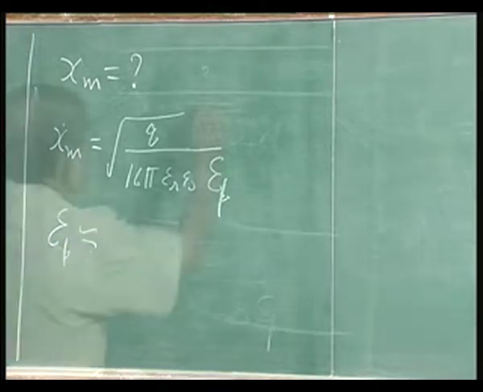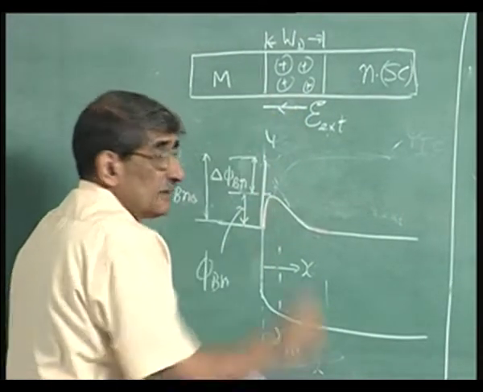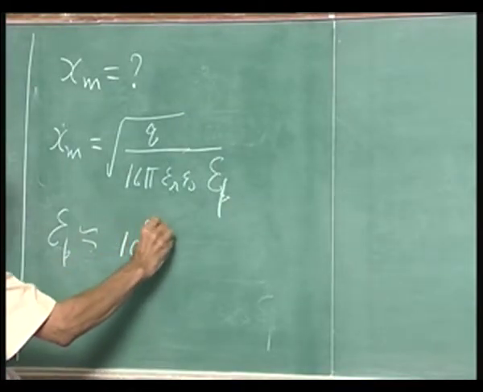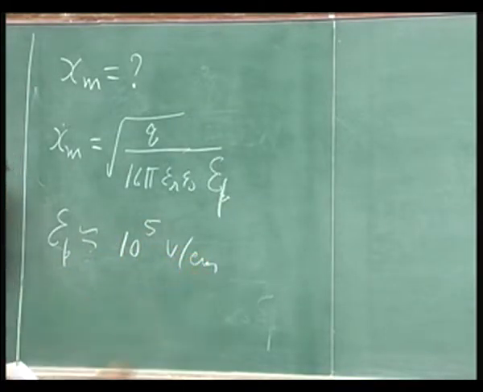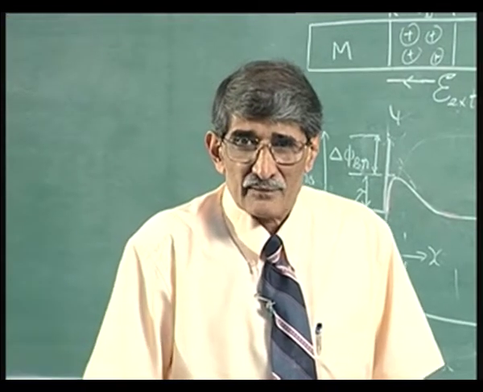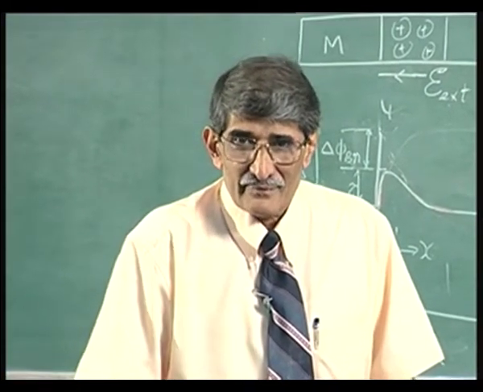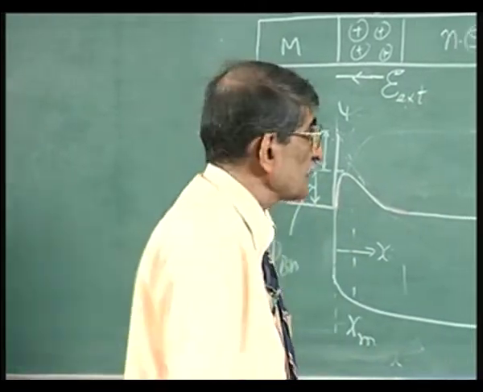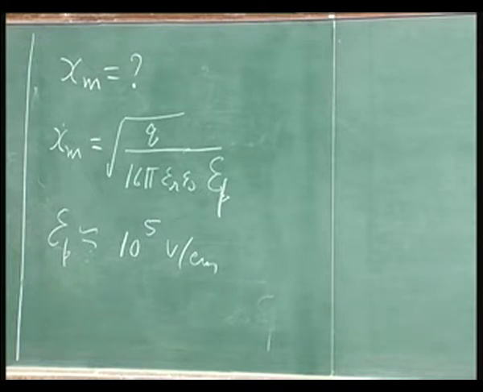E peak corresponds to this peak field, which will be roughly 10 to the power of 5 volts per centimeter, 100 kV per centimeter, or 10 volts per micron. If you go to 20 volts per micron, you may have breakdown. That is why I am giving that number, less than that but close to that. 10 volts per micron is okay, 10 to the power of 5 volts per centimeter.